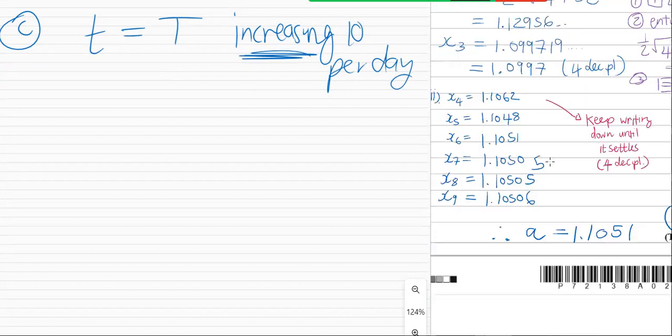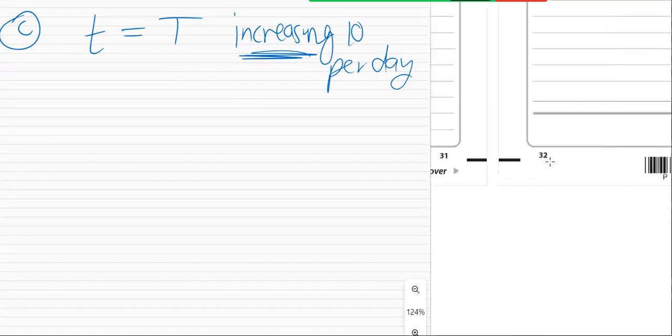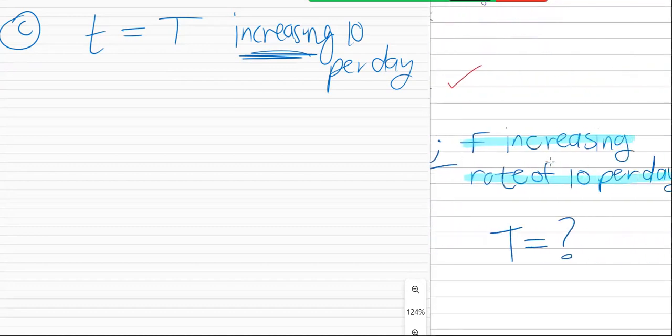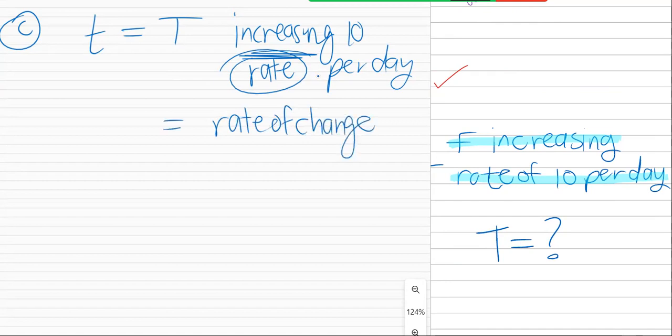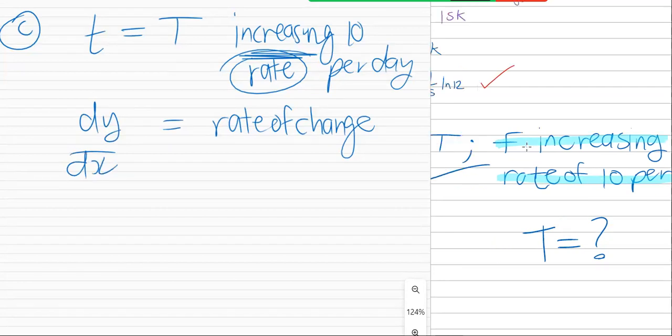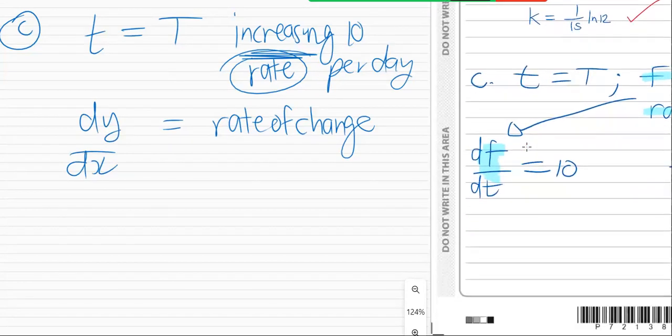So the key here is increasing function, and the word rate. If I see the rate, I think rate of change. Rate of change is just another word for dy/dx. But in our case, we're not working with dy/dx. We are working with df/dt.